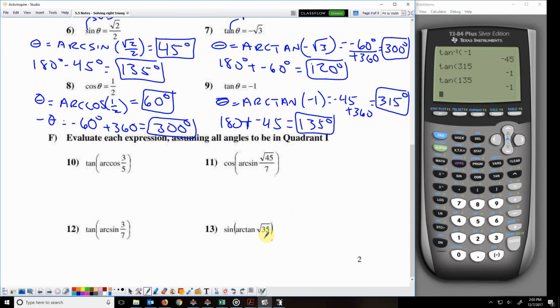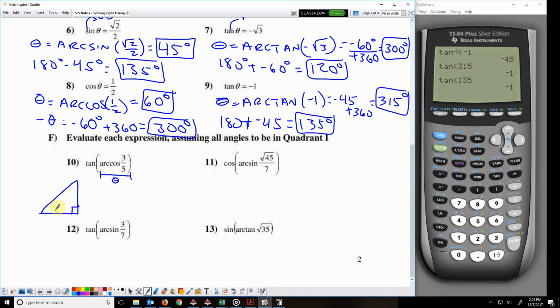Evaluate each expression, assuming all angles to be in quadrant 1. So here's what this looks like. This arc cosine 3/5, that, as an arc function, that means this is an inverse. So what it's going to give me is the input. Since it's an inverse, it's going to give me theta.